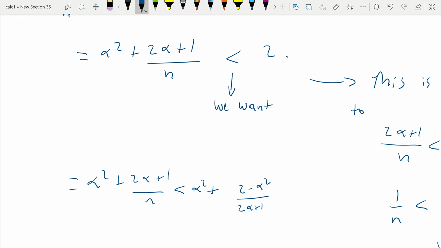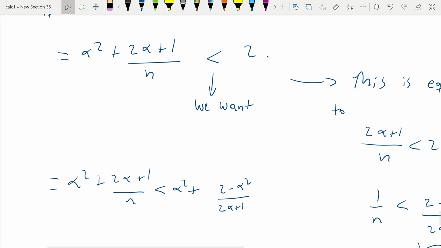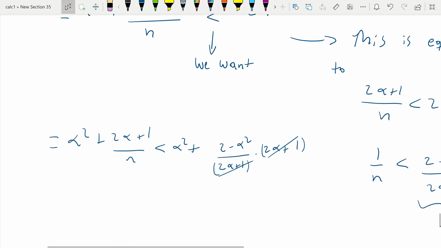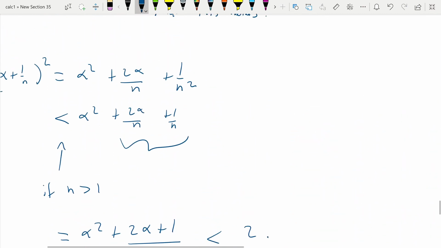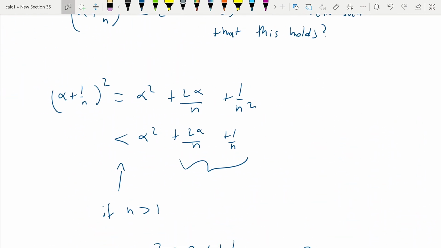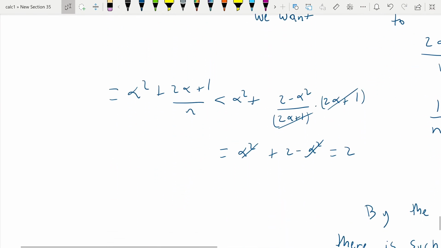We chose an n such that 1 over n is smaller than 2 minus alpha squared over 2 alpha plus 1. And then we multiply by 2 alpha plus 1, which is what we have in the numerator here. So the top and the bottom cancel out, giving us 1. This is equal to alpha squared plus 2 minus alpha squared, and we can cancel these alpha squares and we get 2. So there's an n in N such that alpha plus 1 over n squared is less than 2.